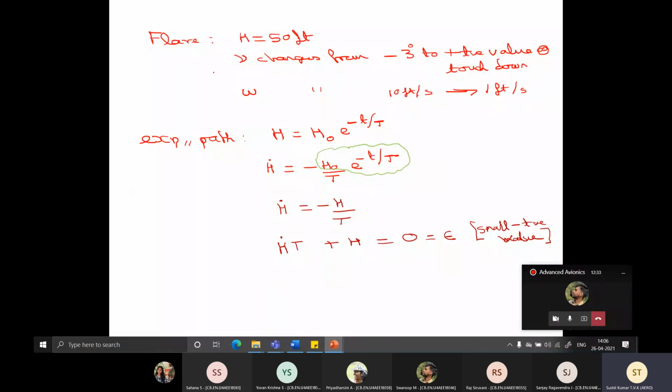So flare control starts from a height of around 50 feet. You change the flight path angle from a negative value of around -3 degrees to some positive value at touchdown. The vertical component W is initially around 10 feet per second, and finally you land at around 1 foot per second.